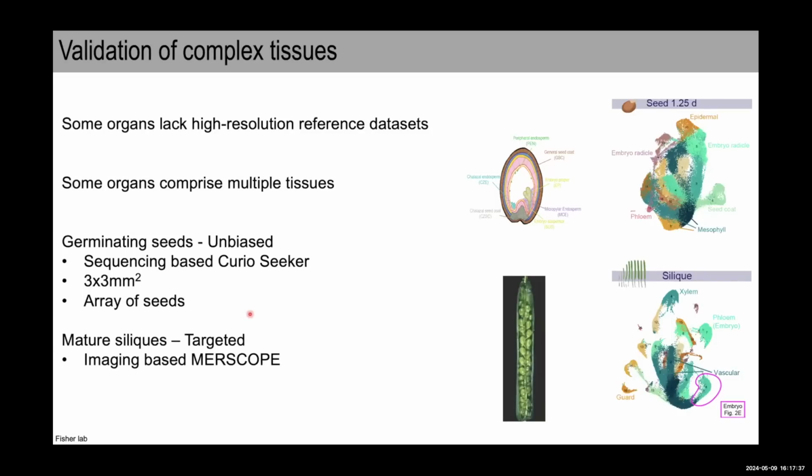Conversely, with the mature Siliques, we chose to use the targeted approach because we did see this high level of complexity in the clustering. So we could select many different targets that we were interested in, determine where they're expressed, and see what that cluster is associated with.